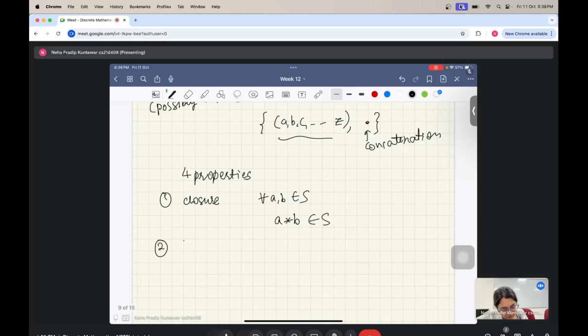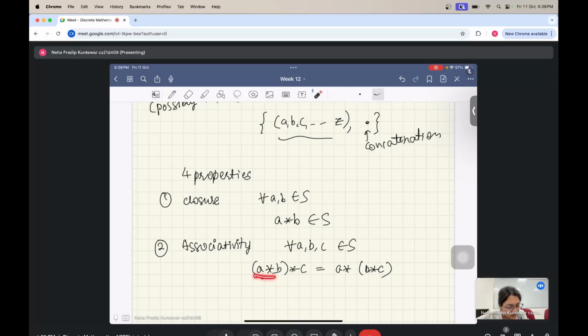The second property is the associativity property. If you look at any three elements in the set S, then (a star b) star c is the same as a star (b star c). That is, it does not matter whether I did the operation of a b first and then with c, or whether I did b c first and then with a; the result should be the same.